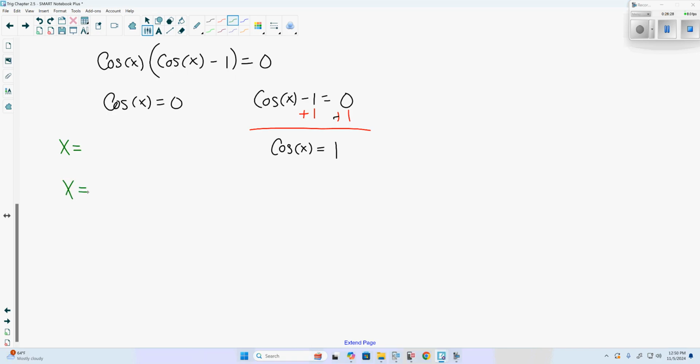Now for our cosine of x equals 0, we can look at the unit circle. It's telling us that the two main angles for which cosine of x is 0 are pi over 2 or 3 pi over 2.